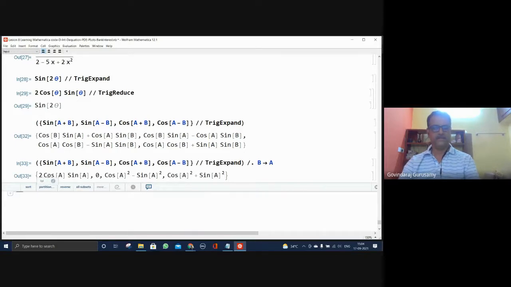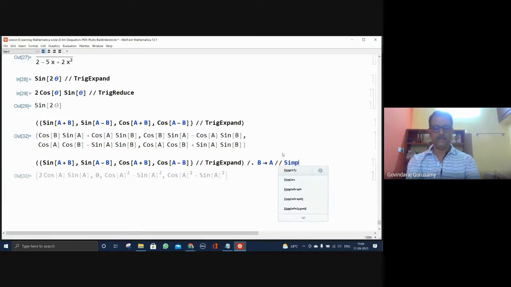This is 2 cos A sin A. This is 0. This is cos A square minus sin A square. This is cos A square plus sin A square. So if I simplify this, this becomes 1. I have not simplified, so this has not become 1. And this is what we have. So if I simply add simplify, that will be accepted.